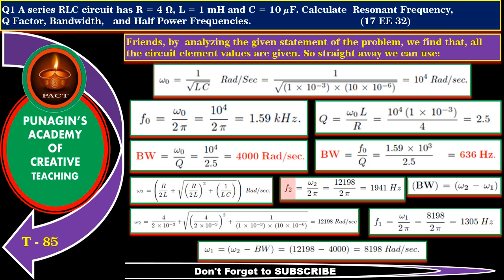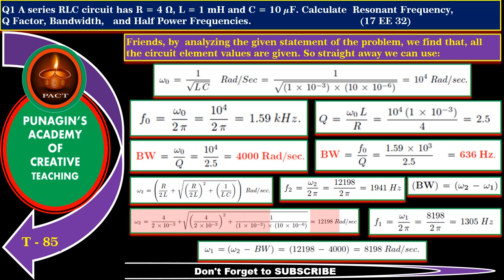And F2 is equal to omega 2 divided by 2 pi. By substituting the values, we get F2 is equal to 1941 hertz.